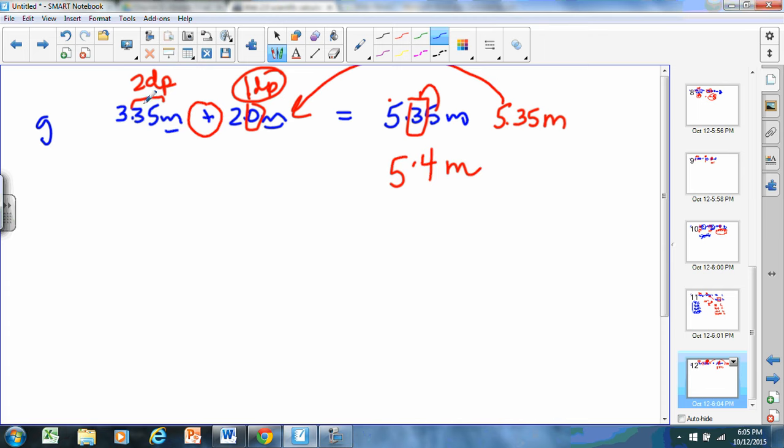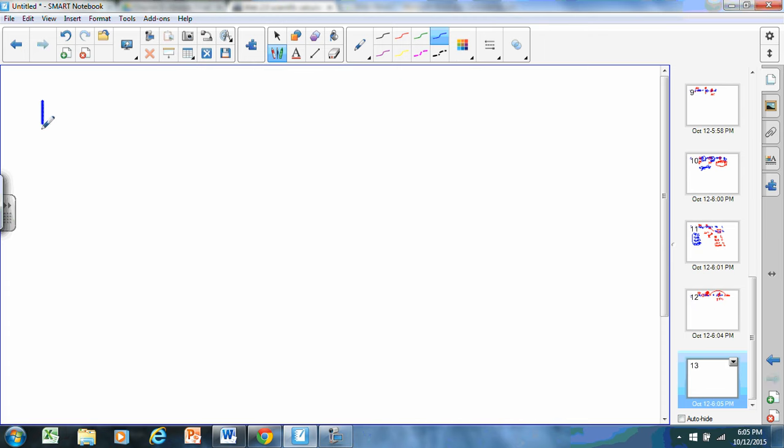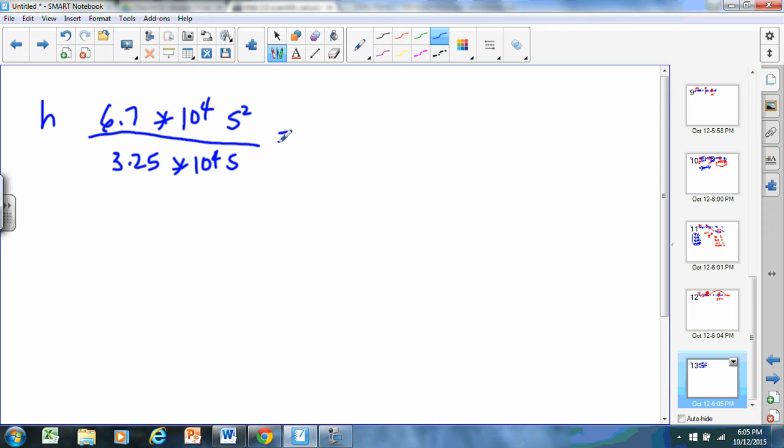H is, and you might have to practice getting this in your calculator, 6.7 times 10 to the 4th seconds squared over 3.25 times 10 to the 4th seconds. We're dividing.